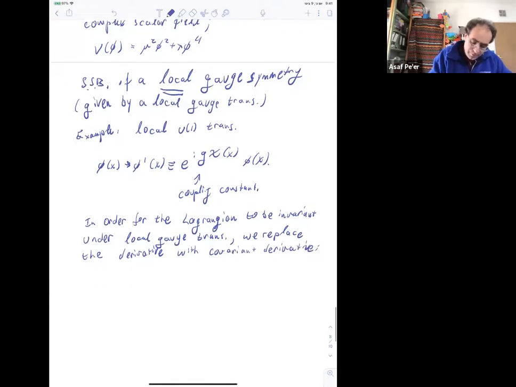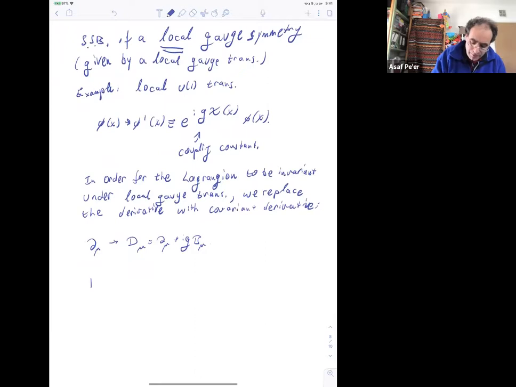D mu goes to D mu, which is partial mu plus i g B mu. So we introduce a new gauge field B mu, which by itself has to transform in a certain way, where B mu, the gauge field, goes to B mu prime, which is B mu minus partial mu chi of x.